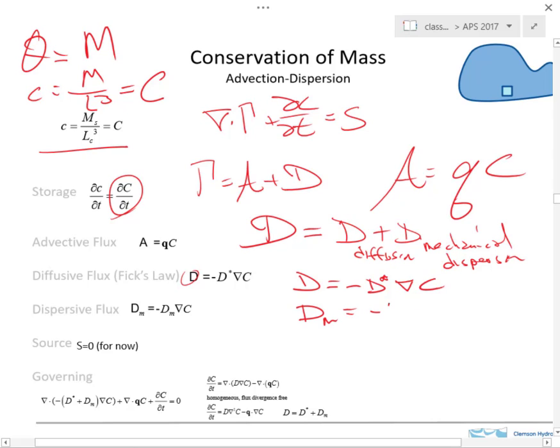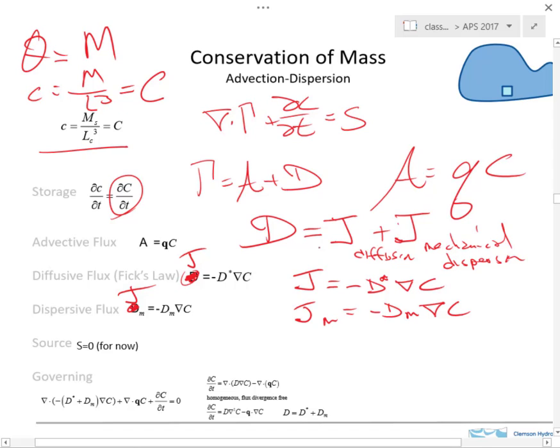That's minus D mechanical times del C. Well, actually, let me change this. This is a little bit confusing because of all the D's. This should be a mass flux. I was using J's before for mass flux. So let's call it J for diffusion and J for mechanical dispersion. And these guys will be J's. And then right there, those are J's.